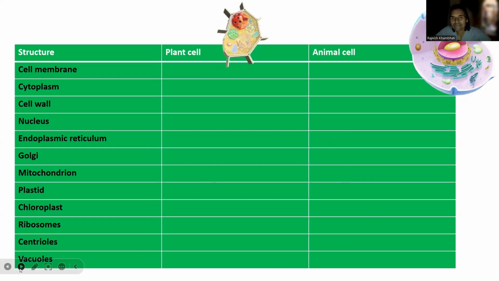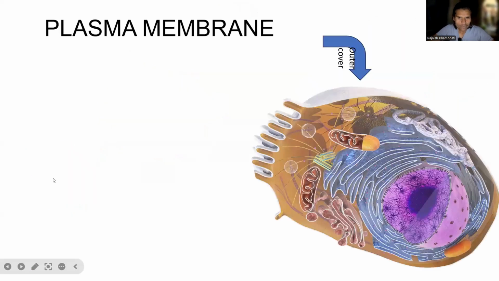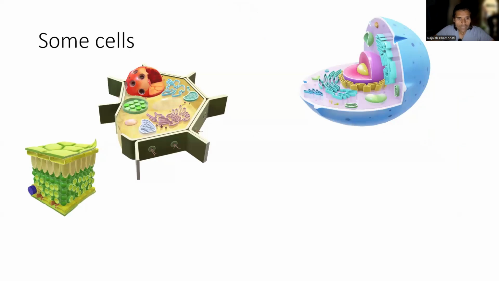This is the animation you can see. Now these are a few cells. Now this you see is the plant leaf cell. It's a leaf cell. You can see there are two types of cells, and the shape of the cells is different.